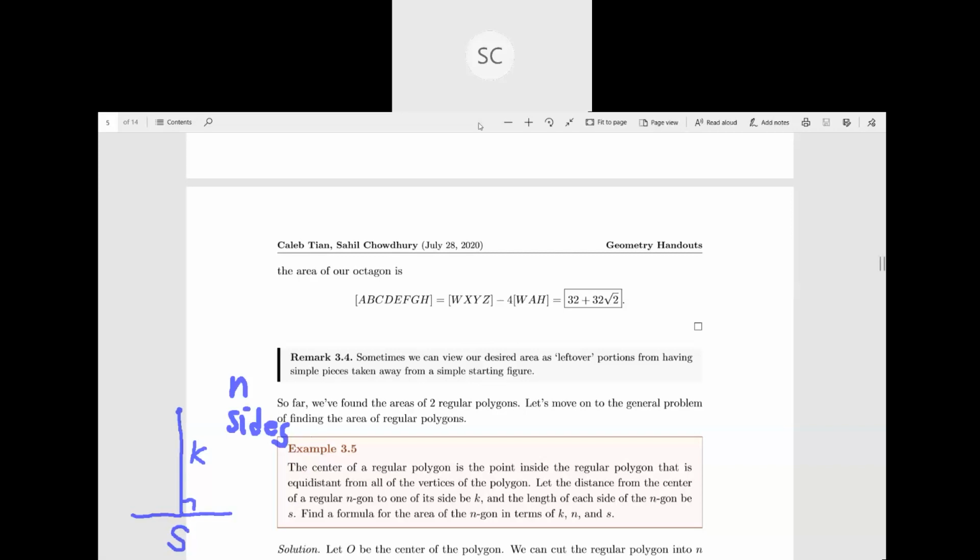We were also told that at each vertex of the polyhedron, 1 square, 1 hexagon, and 1 octagon meet. As I said before, a good starting point would be to look at the number of vertices in total. If we just draw it out, remember that a hexagon, a square, and an octagon meet at a vertex. So if you look at this vertex, you can see that it corresponds to a vertex of the square.